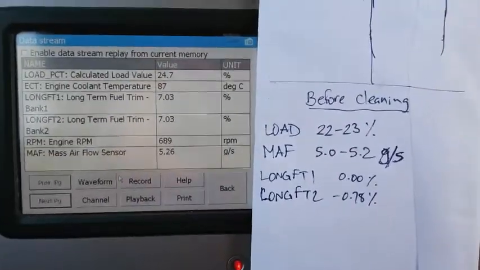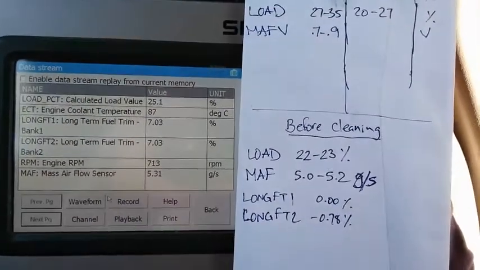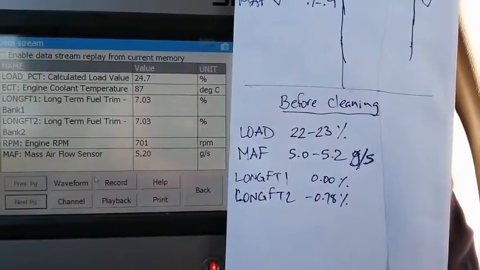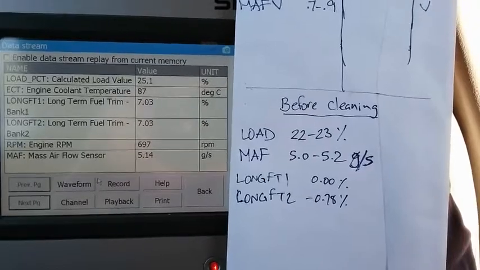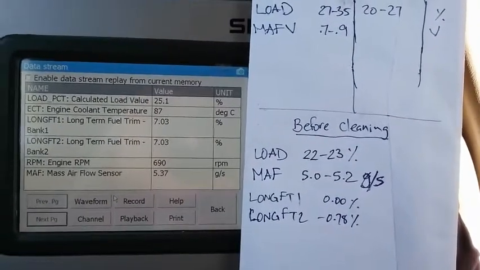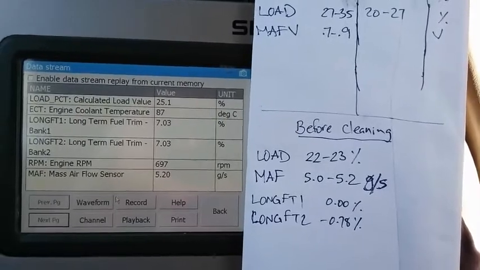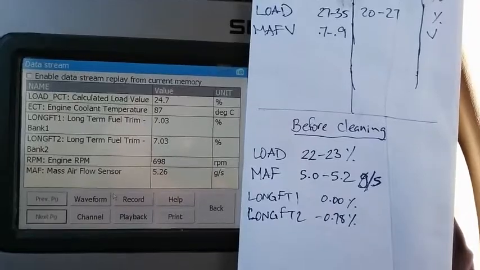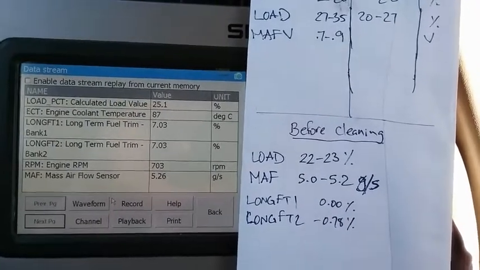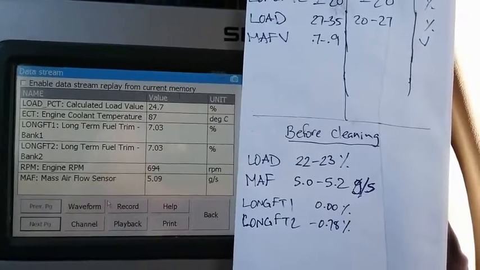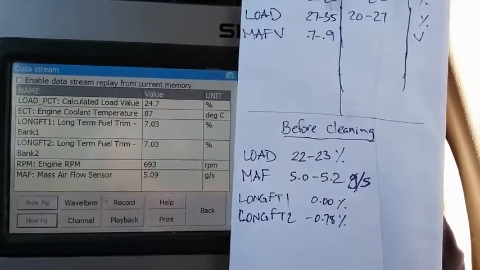So I guess the next step I'll do, guys, I'm gonna increase the RPM to 2500, and let's watch our long-term fuel trims. With a good mass airflow sensor at a higher RPM, our long-term fuel trims tend to decrease to almost nearly 0%.